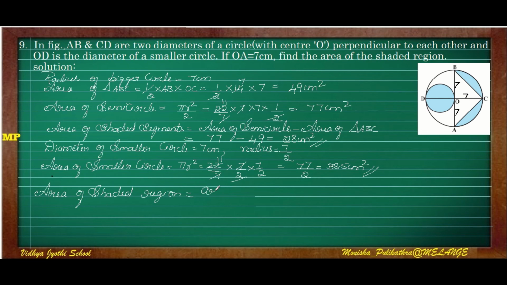So area of shaded segment plus area of smaller circle is equal to 28 centimeter square plus 38.5. So altogether the area of shaded region is 66.5 centimeter square. I hope you understood this.